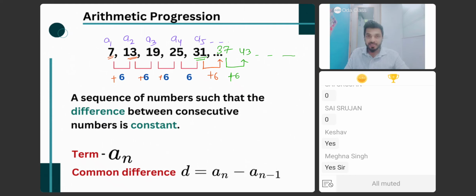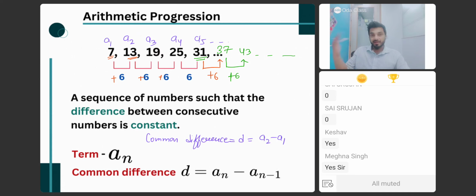Common difference, from its name, you can get some clarity and idea. Difference means subtraction. So common difference means, if we take any two consecutive terms and find the difference between them, that will be referred to as the common difference. So common difference D, I can find by using A2 minus A1, right?